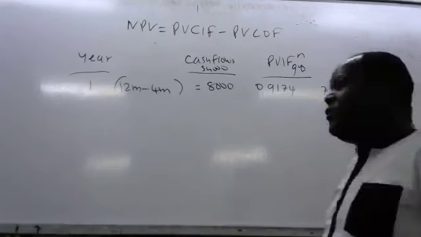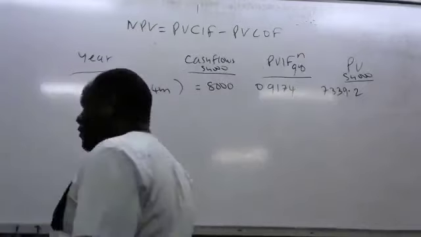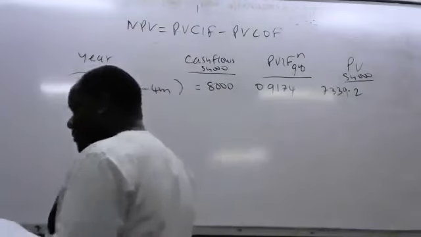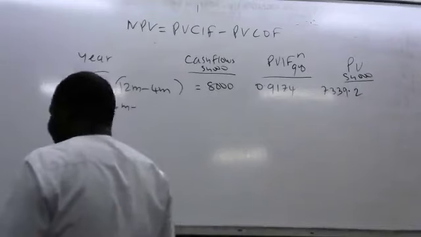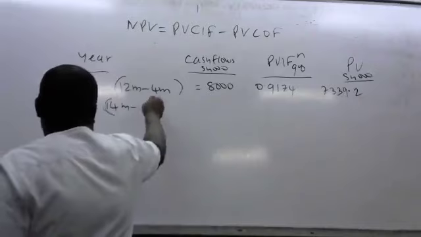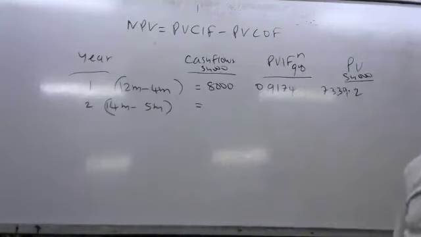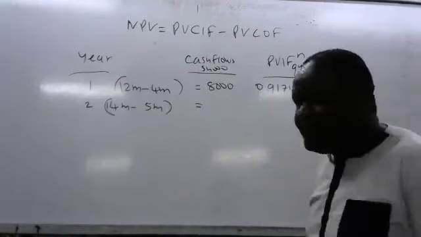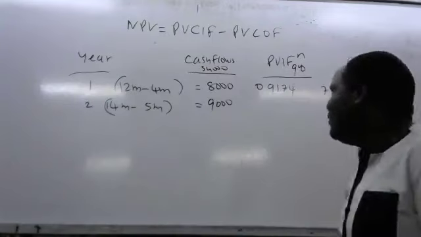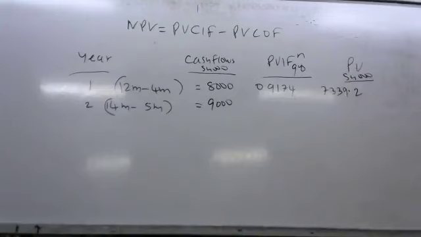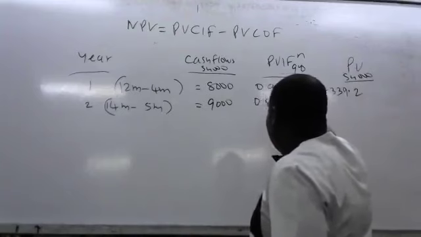So we also go to year 2. In year 2, there is 14 millions. When you check in the table, 9% in year 2 should be which figure? 0.84.